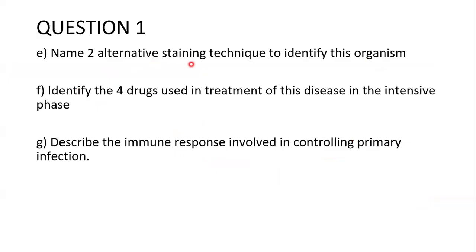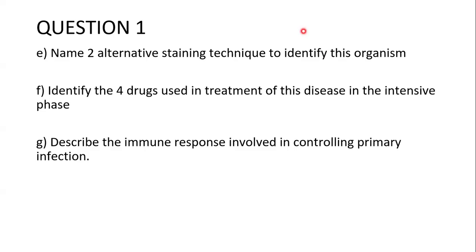Then name 2 alternative staining techniques to identify this organism. There are actually three or four, around 4 staining techniques that we use to stain TB. Which are they? Nucleic acid amplification tests. Nucleic acid?